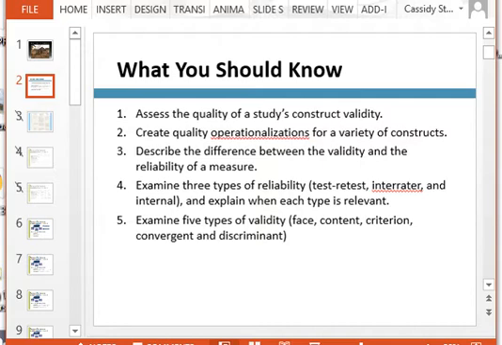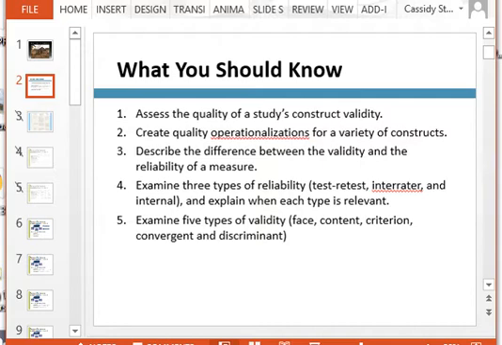In this lecture we are going to look at a few ways to critique the construct validity of a study, and the two major methods are assessing the reliability of the measurement or manipulation, and then also critiquing the validity of the measurement or manipulation.